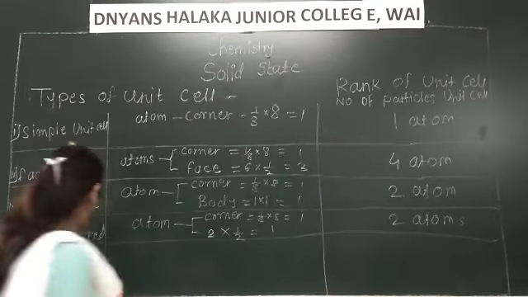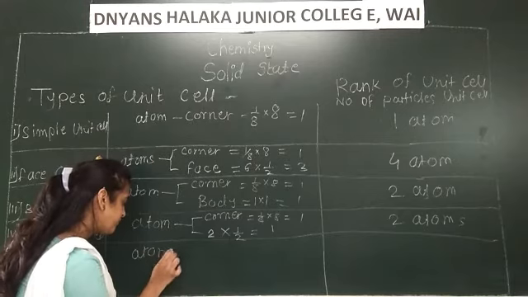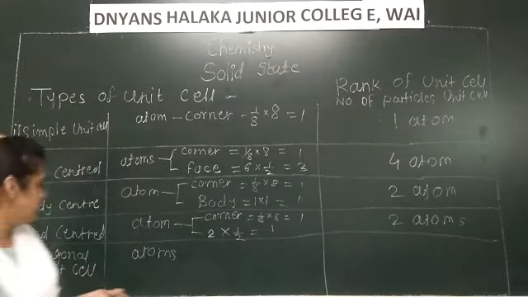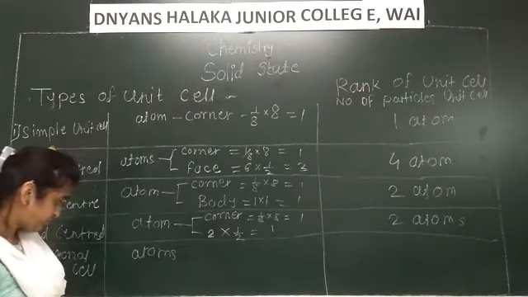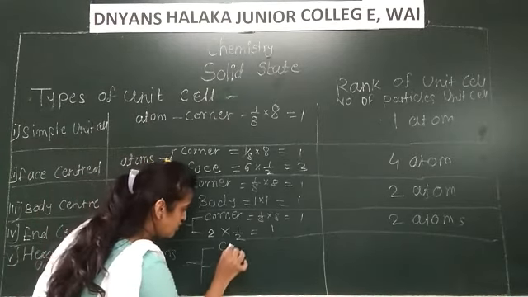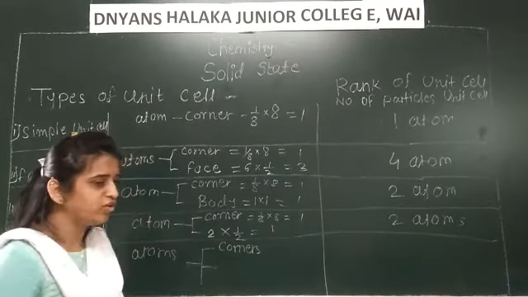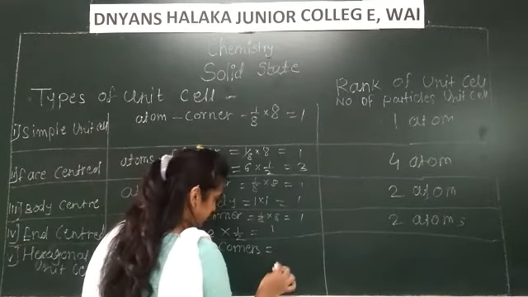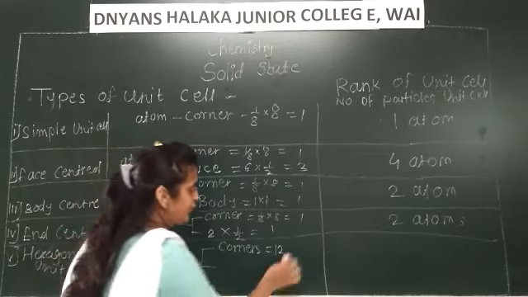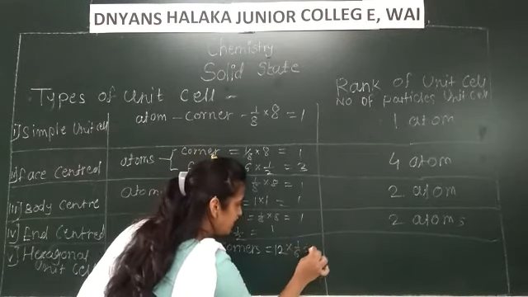And last we discussed hexagonal unit cell. Hexagonal unit cell is important for entrance exams. So first, corners. Total corners of hexagonal unit cell: 12 corners into 1 by 6 part participate in this unit cell.